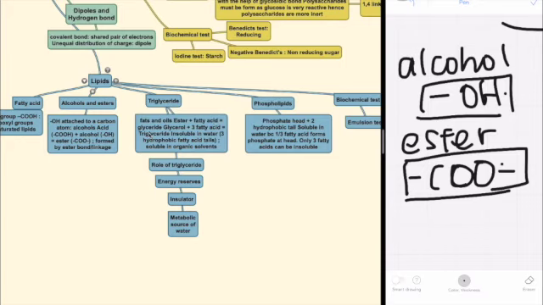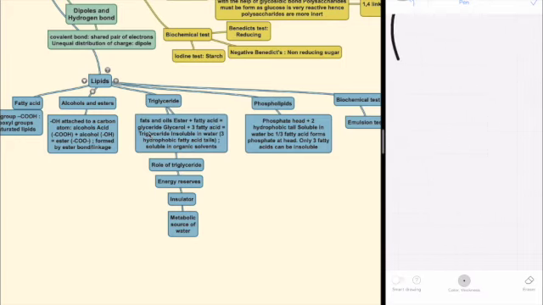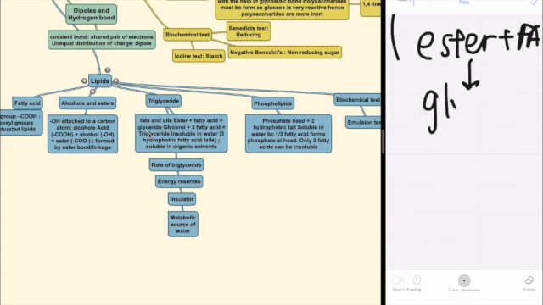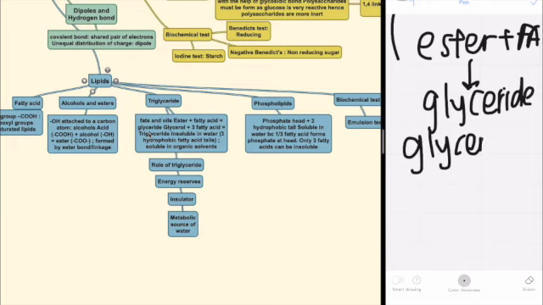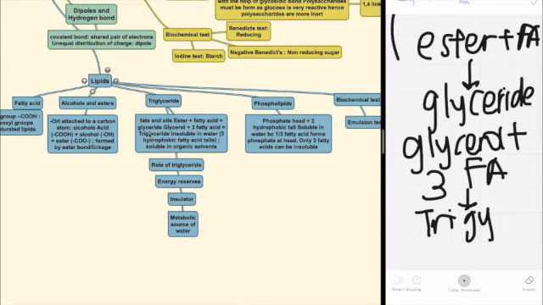So we first need ester and fatty acid to form glyceride, and then to form a triglyceride we need a glycerol and we need 3 fatty acids. The reason why it's tri is because we have 3 fatty acids.